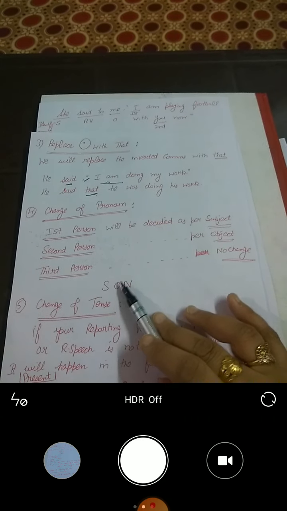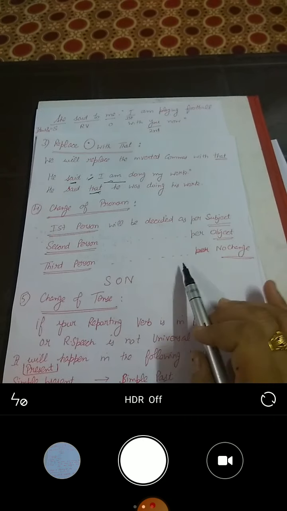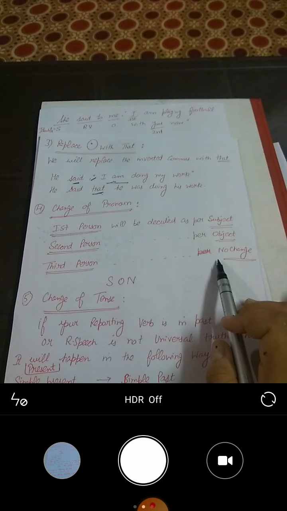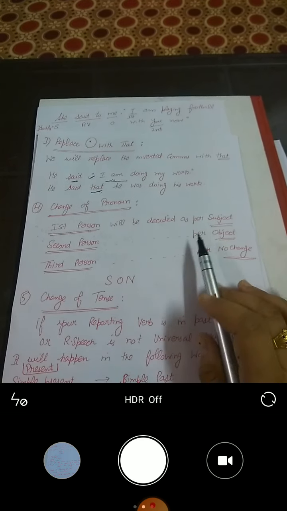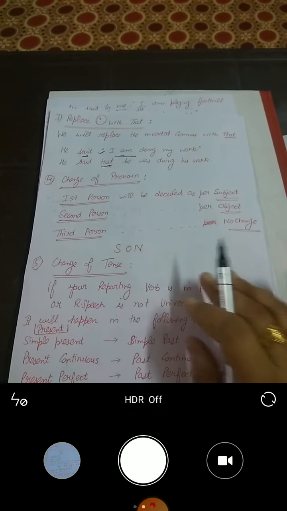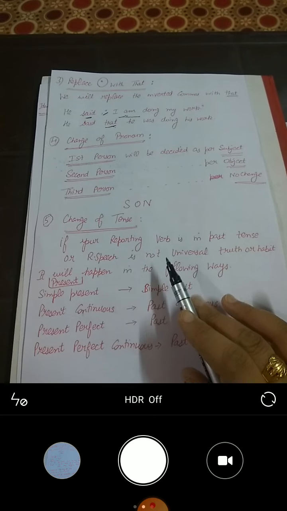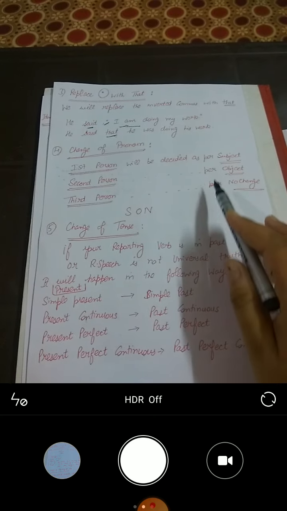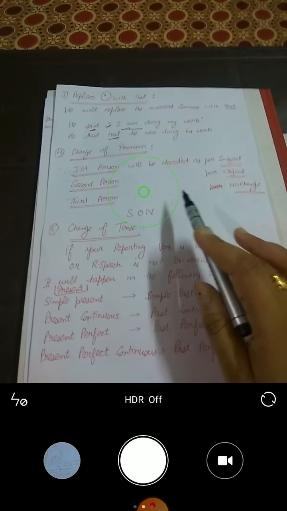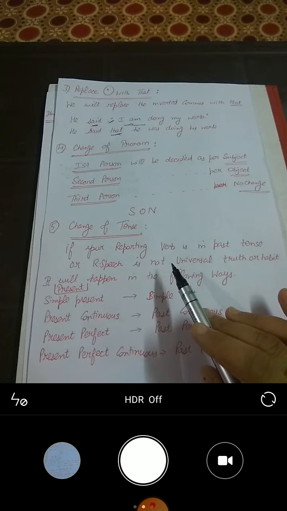The third person will not change; only first and second person will change according to the subject and object. You can also remember this with the acronym SON: subject, object, and no change.